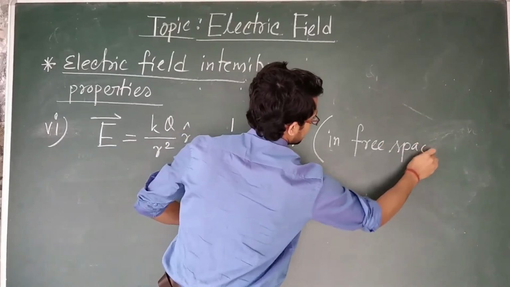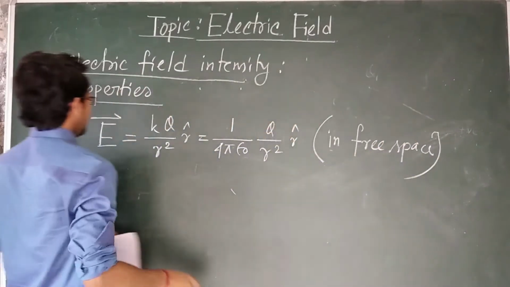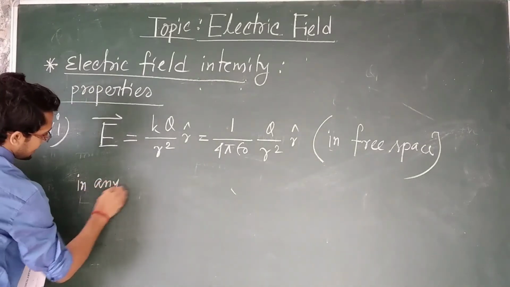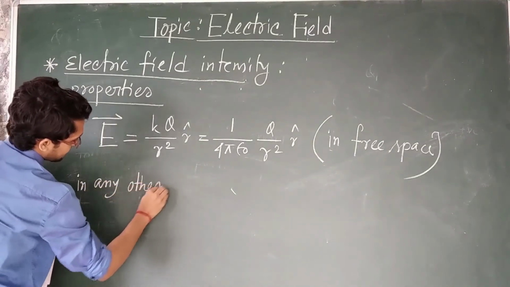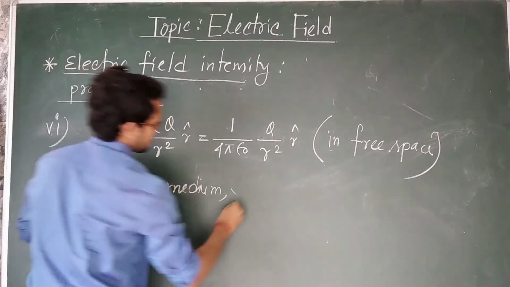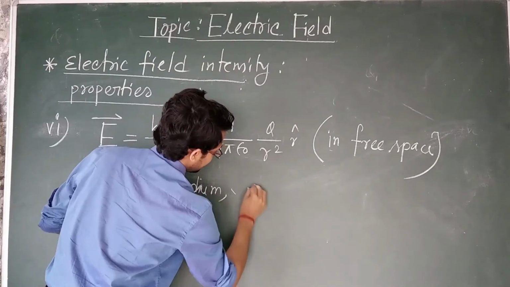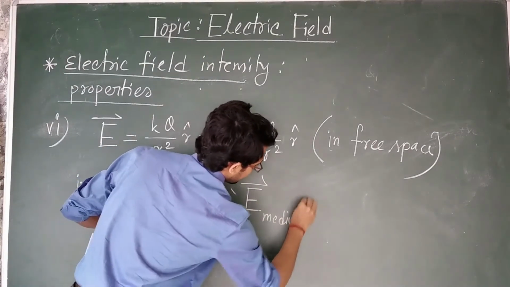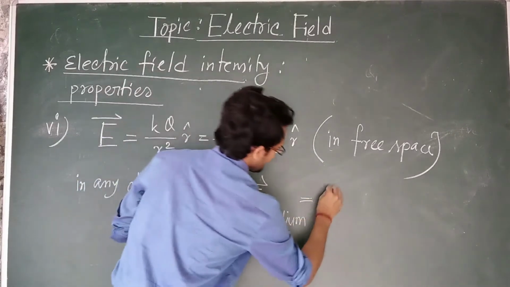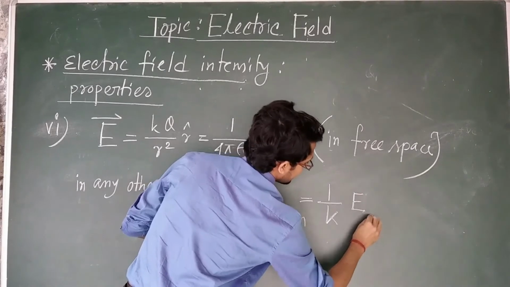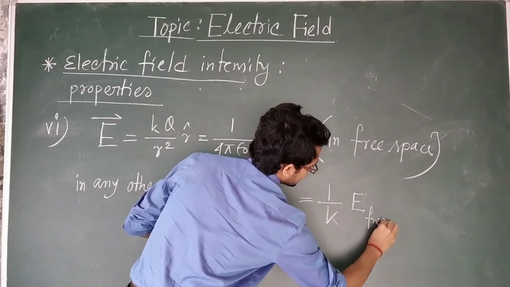In any other medium, electric field intensity E in medium is equal to 1 by K times E in free space.